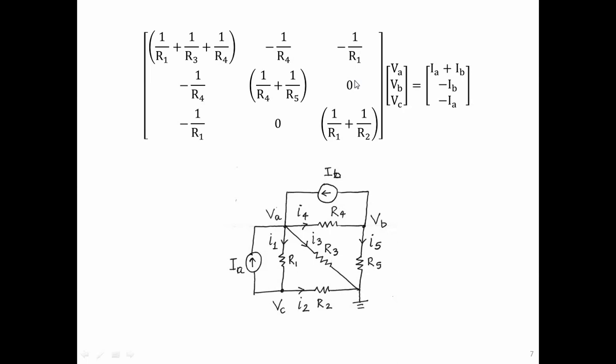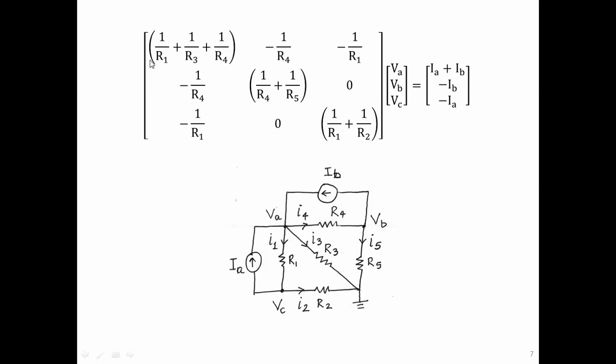These are properties of networks where we have only current sources and resistances. When you write nodal equations for a circuit that has only current sources and resistances, this is what the matrix will look like.